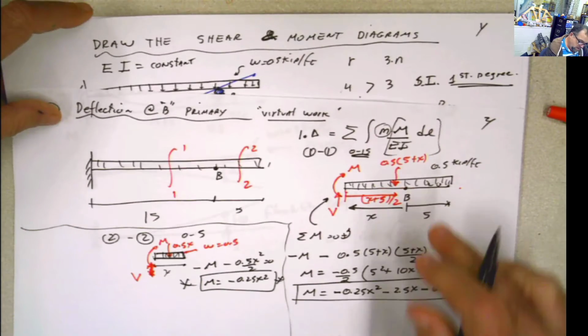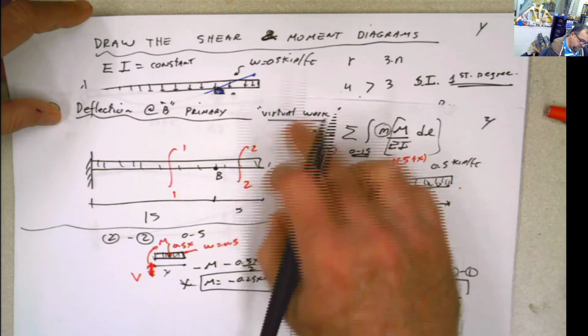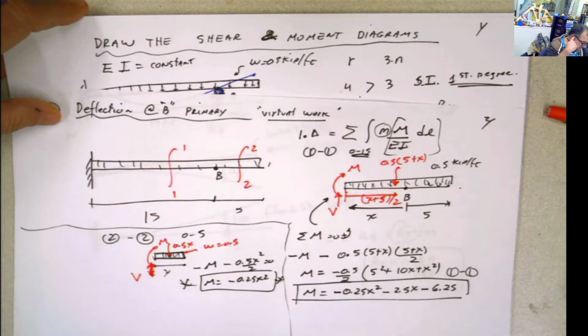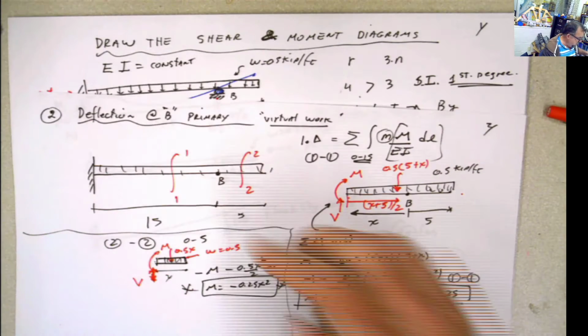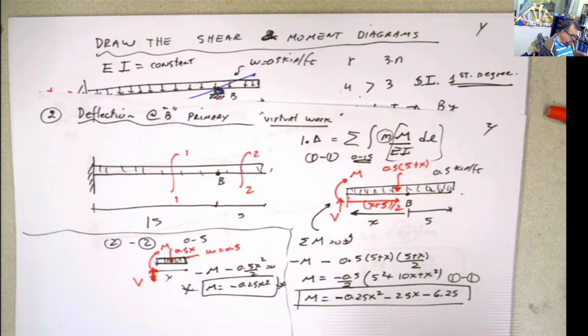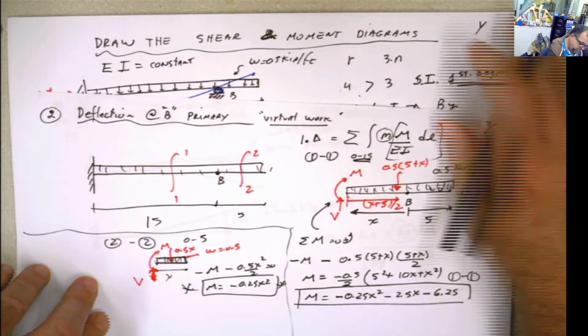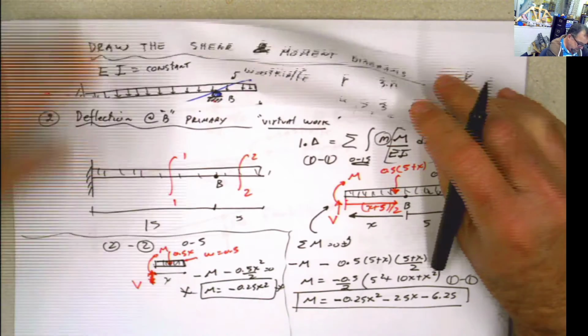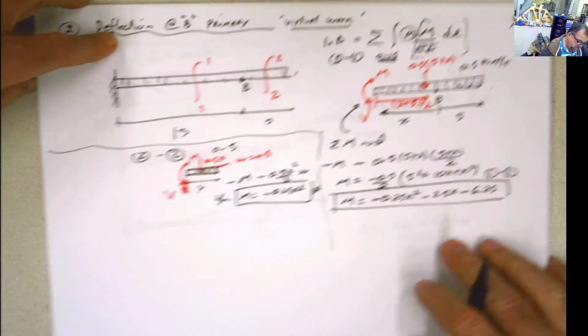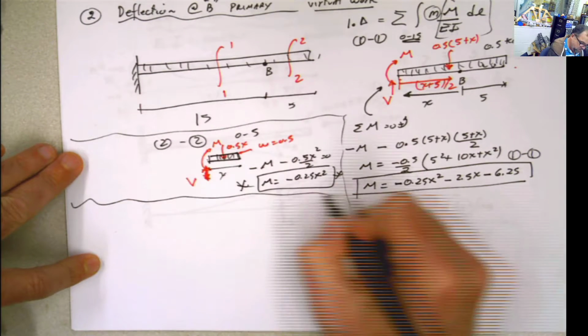Okay, we have this part here, but this is the virtual work, this is the deflection of the primary structure. Now we have to do the other part. The other part is what? We're gonna put the unit load over there, the external load. I'm gonna use the same paper here, I don't want to keep killing more trees.